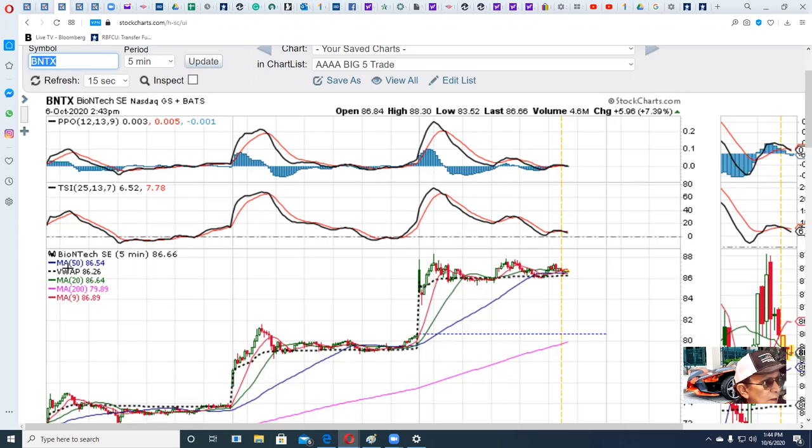My settings are 50 days moving average, 20 days moving average, 200 days, and 9 days. So over here the red one is the 9 day, the 20 days the green, the 50 days the blue, and the 200 days is the kind of purple color here.